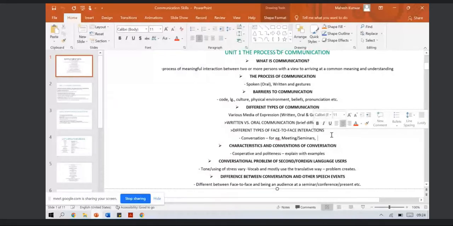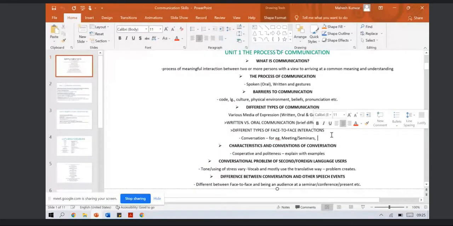So, the next point that comes under your process of communication is characteristics and conventions of conversations. Characteristics, or the features, or habits or conventions of communication.